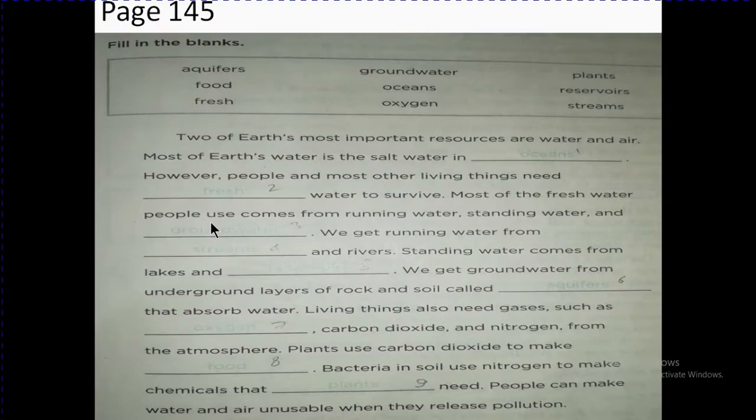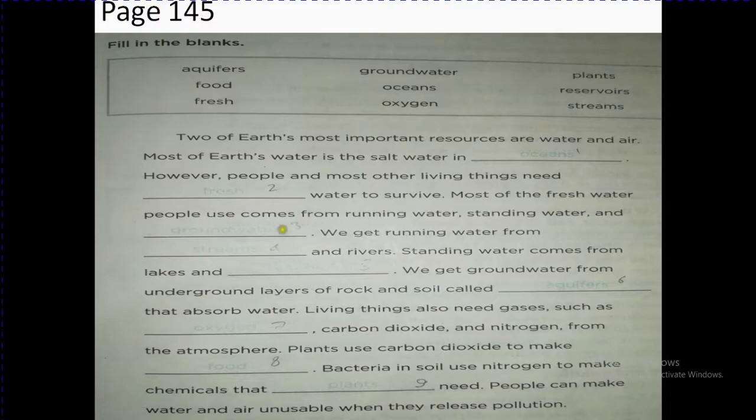Now next, go to page number 145. Here the first correct answer is oceans. Then number 2, fresh. Number 3 is groundwater. Then streams, number 4. Number 5 is reservoirs.